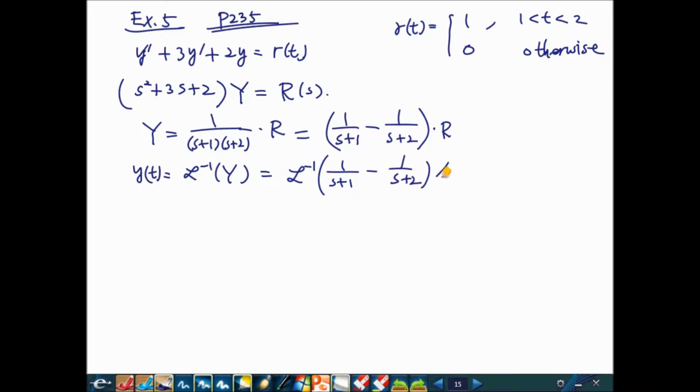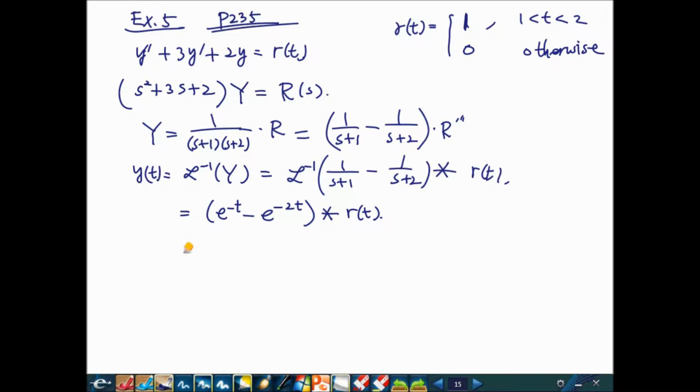What? Convolution. I don't even touch R, because I know it's a convolution, and this is a very simple function. So this is e to the minus t from the table, convolved with r of t.